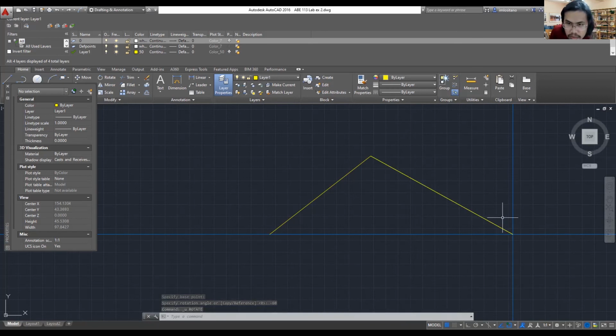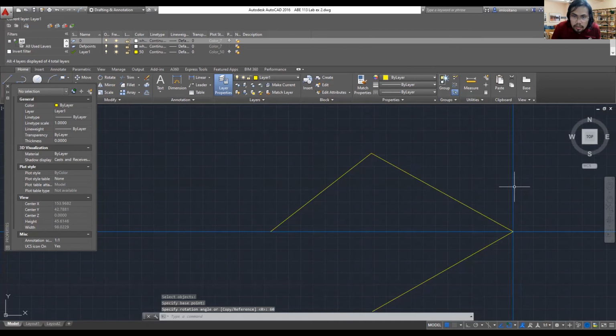Is it 60? Yeah, negative 60. It should be 60, just 60. Apologies. You have to rotate this one 60. All right, so that's the 60 degrees.